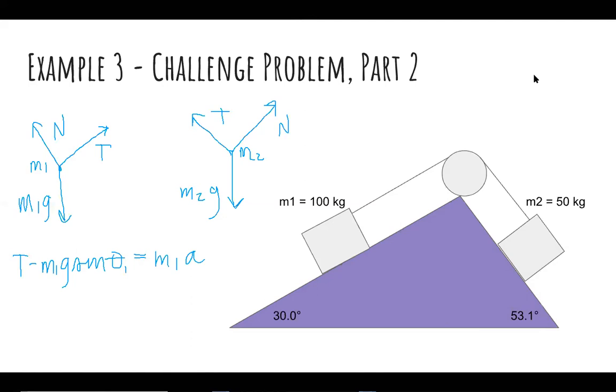Looking at our second one, we end up with M2G sine theta 2 minus T is equal to M2 times A.